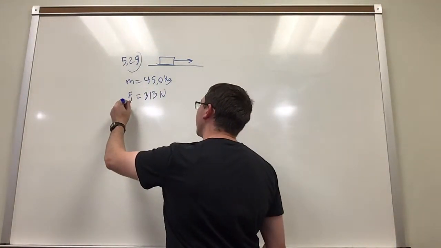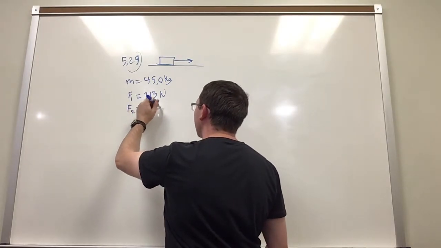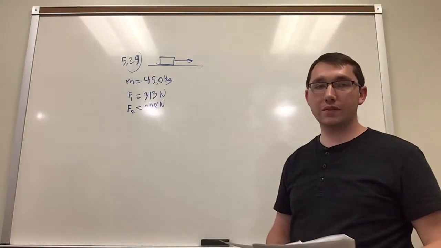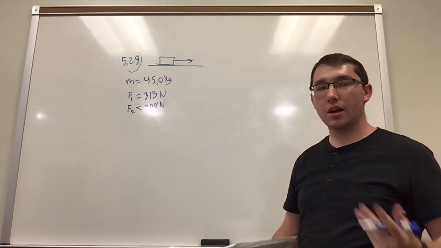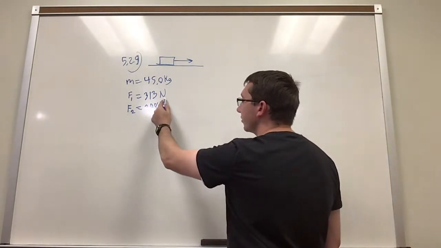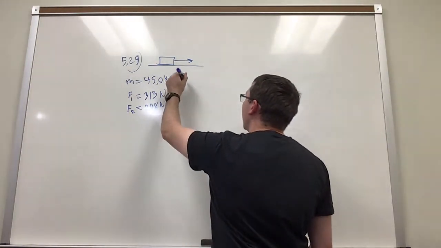And to keep it moving, the force then has to go to 208 newtons. So from that, we can find the coefficients of static and kinetic friction. We're going to use this force for the static friction and this force for the kinetic friction.